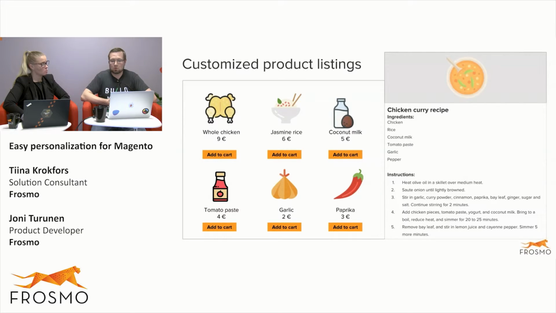With Frosmo, we have implemented that whole recipe functionality to their site, and then we can link those relevant products there, but still keeping the old normal category of the product. In this slide, you can see chicken, rice, coconut milk, tomato paste, garlic, and paprika for this chicken curry recipe.